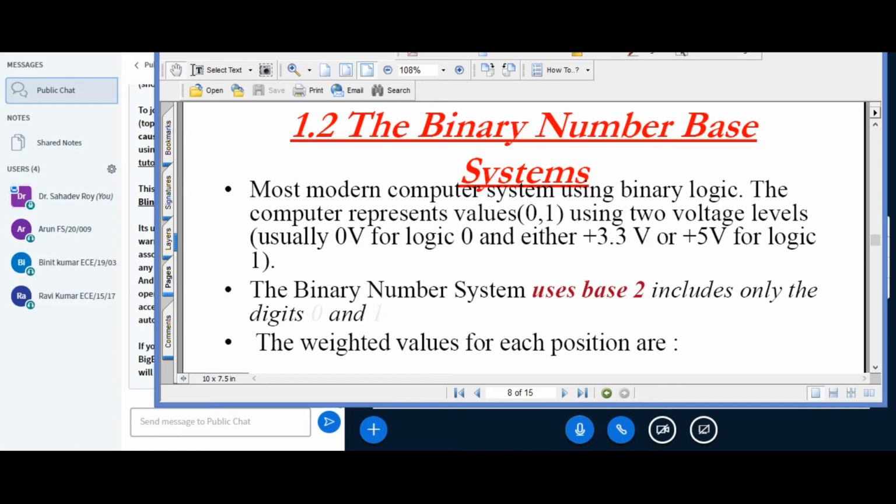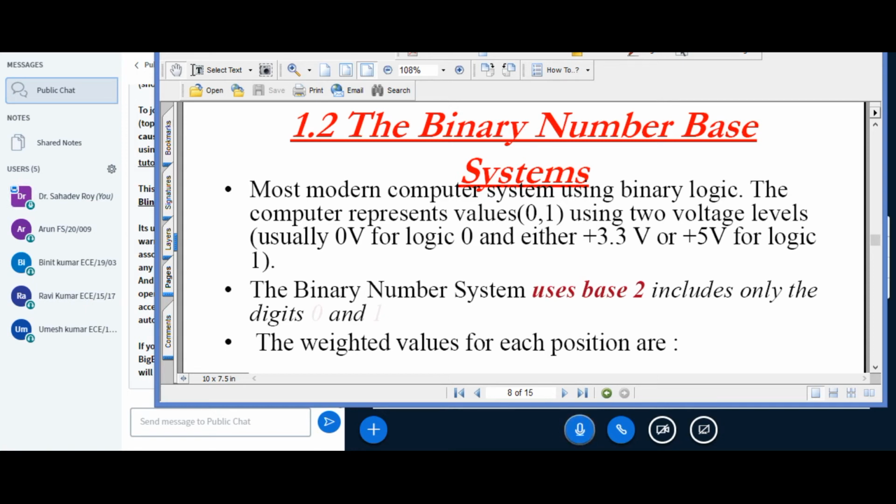In some advanced systems, the voltage level may be lower than 3.3, because if we are able to operate a system at very low voltage, what happens? Low voltage consumes less power.